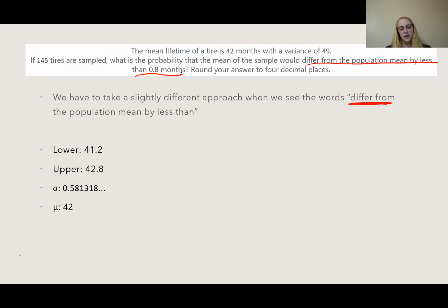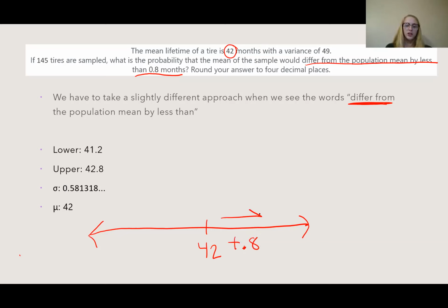What that means is, let's draw a number line to visualize this again. Our mean that we were given was 42. So let's put 42 here in the middle of the number line. And the values that we're looking for, we can either go plus 0.8 months towards the positive side or 0.8 months towards the negative side.